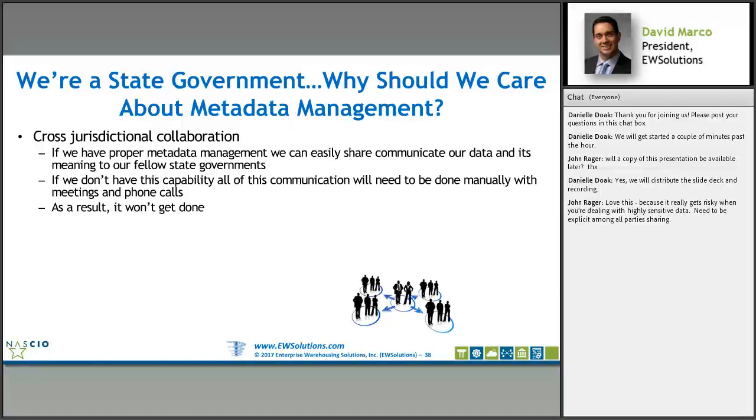I see somebody, oh gosh, is this John Rager? You bring up a phenomenal point about highly sensitive data. My goodness, do we have some sensitive data out there? Things like CTI, which is controlled technical information. What about PHI, protected health information? PII, personal identifiable information.